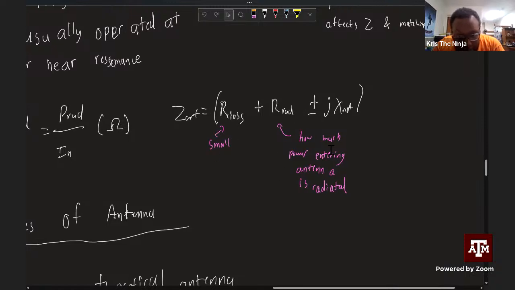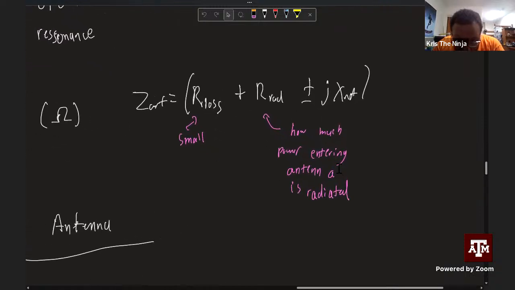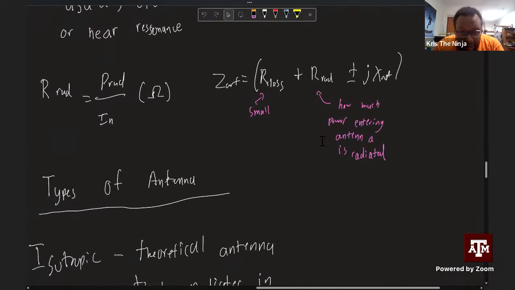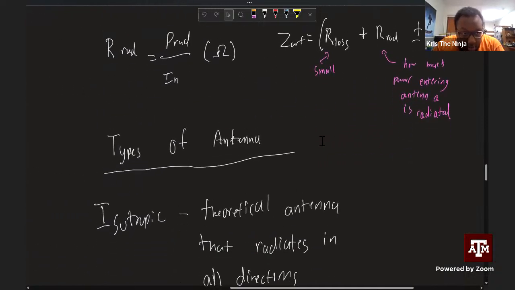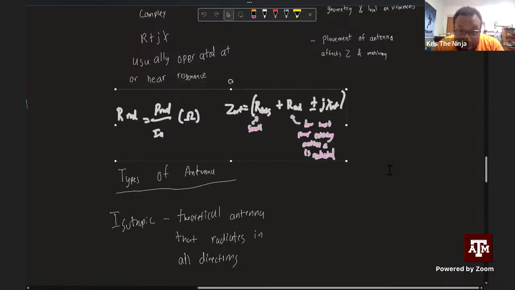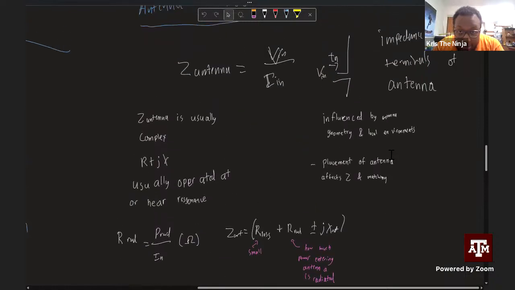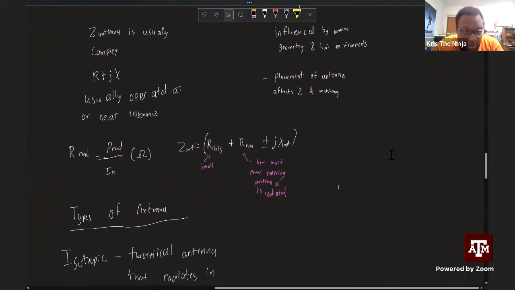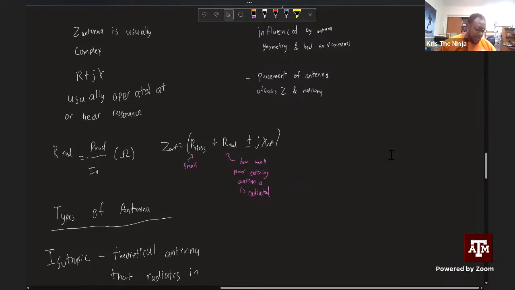That small R_rad is how much of the power entering the antenna is radiated, and then that's plus or minus a jX value. Like I said, he was going really fast at this point, so we didn't get very deep into it. But I guess we could do an example to practice these concepts.